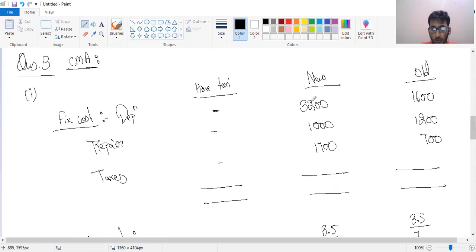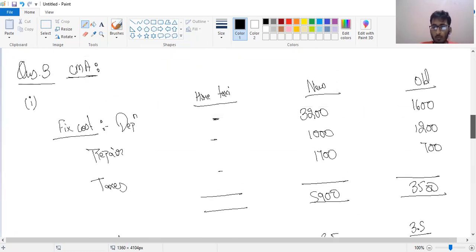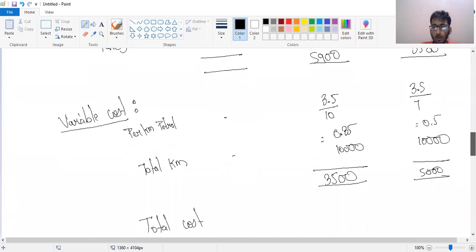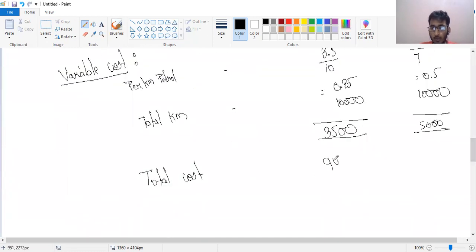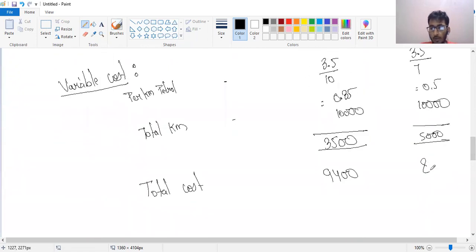The total fixed cost is 5,900 and 3,500. So total cost is 9,400 and 8,500.